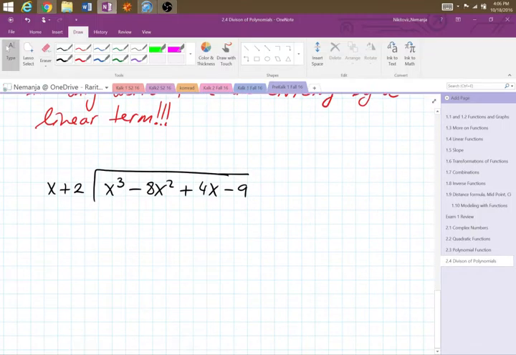But there is this other way, synthetic division, where you take the root of x plus 2, which is negative 2, and then the numbers are just the coefficients of your polynomial. Observe that 1, negative 8, positive 4, and negative 9 are all coefficients inside your polynomial.